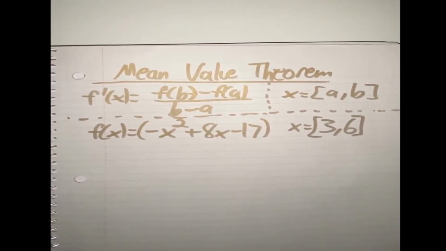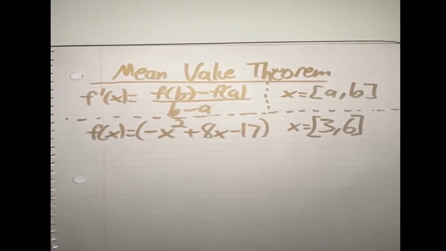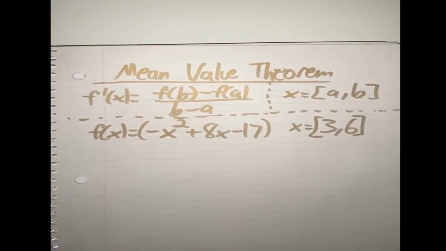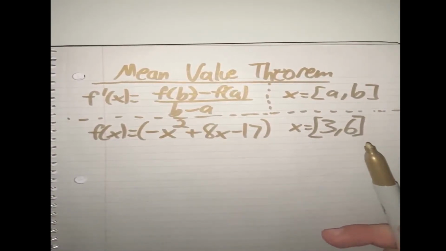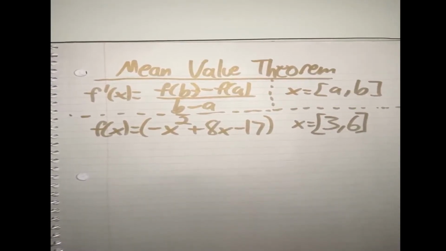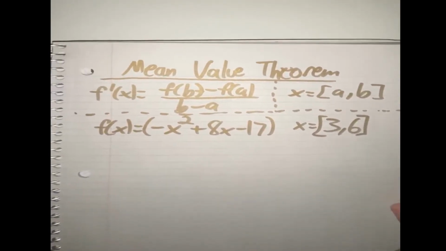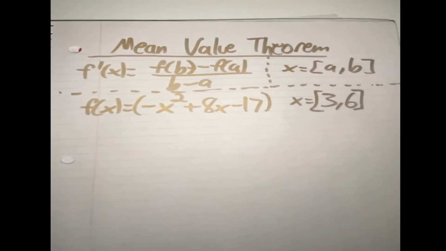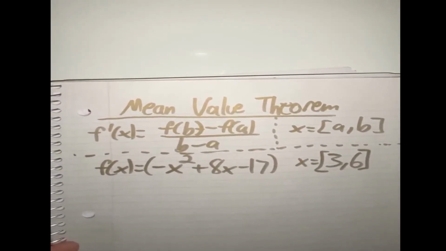In this video, we're going to go over how to apply the mean value theorem. So basically, using the formula, the fundamental idea is that we're given a function over an interval from a to b, and we want to see if it satisfies the mean value theorem. The first step is to identify what your function is and what your interval bounds are.